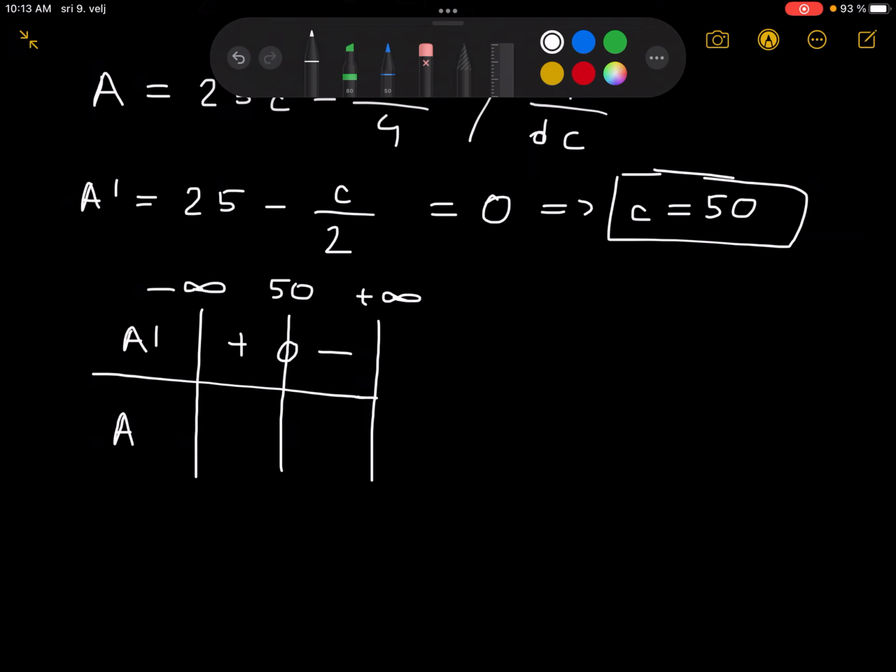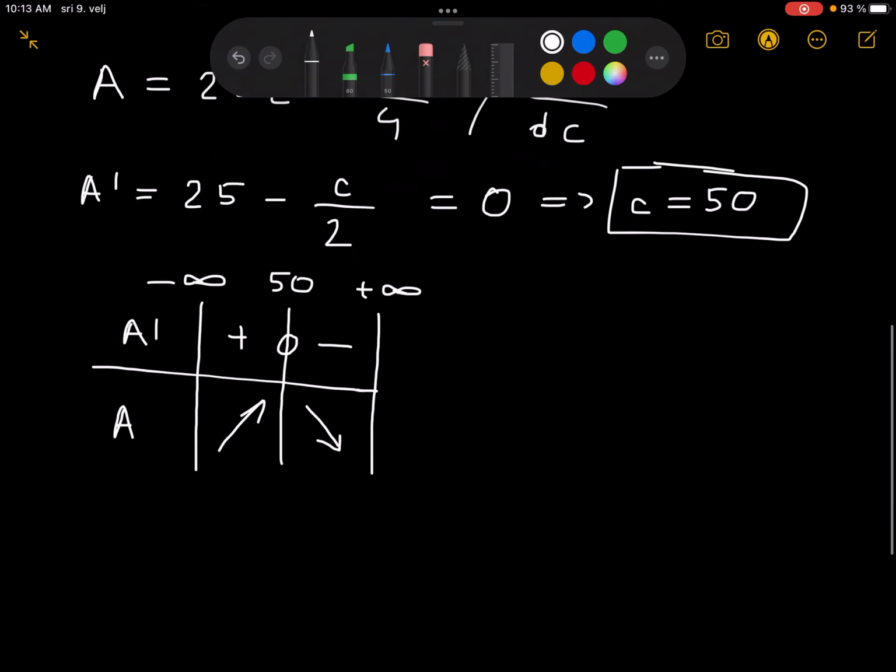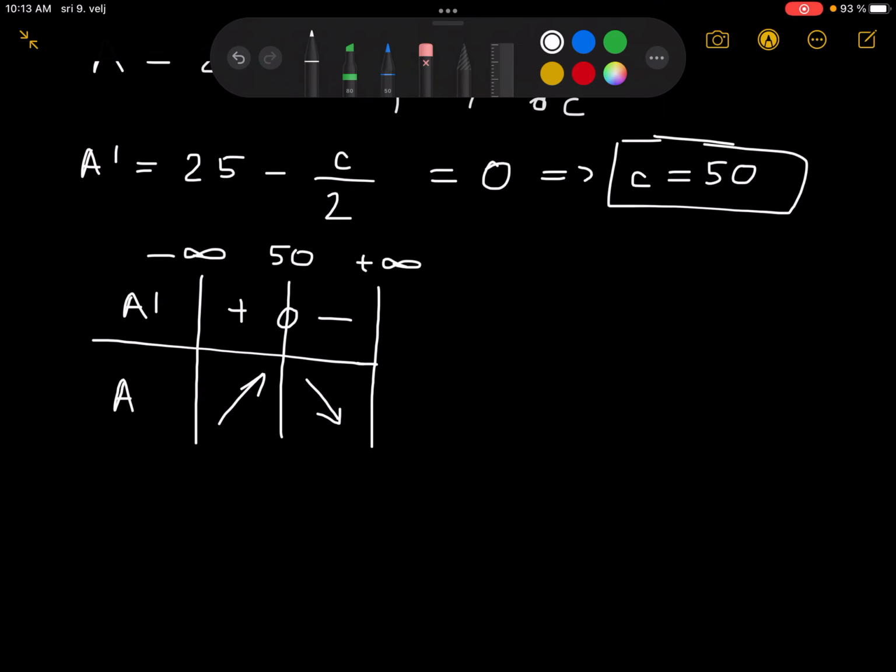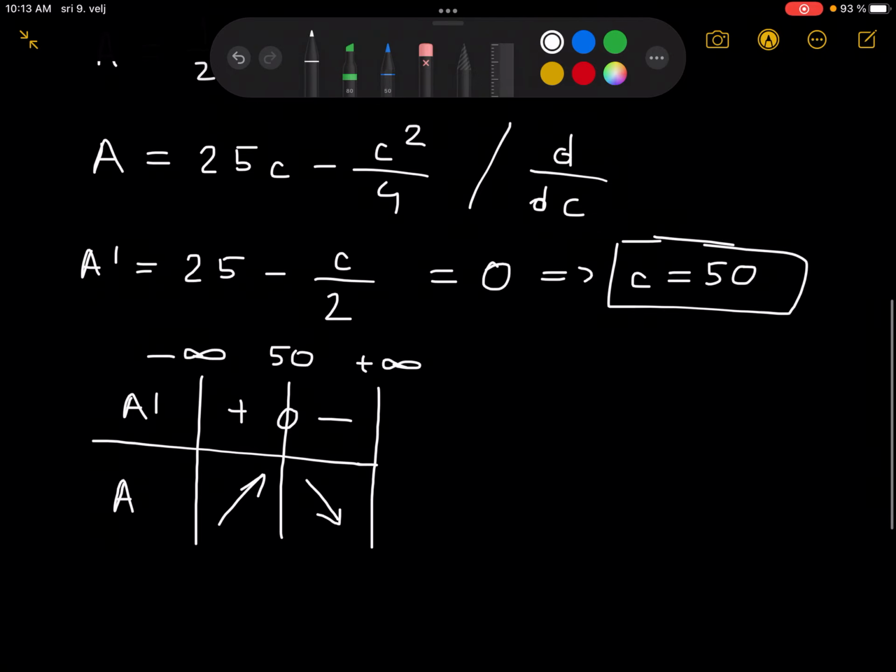Because the first derivative is positive, the function is ascending in this part, and it's descending in this part. And from here, we can see that it has a maximum at the point C is equal to 50. So that's the value of C that will give us the maximum value of A, or the surface area.